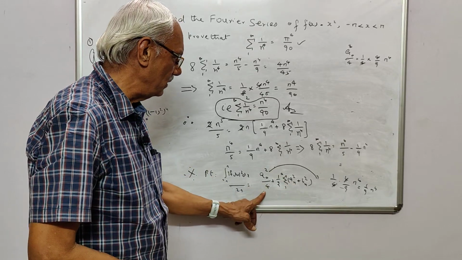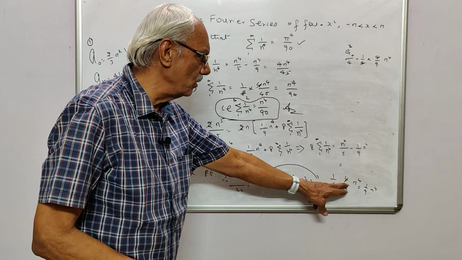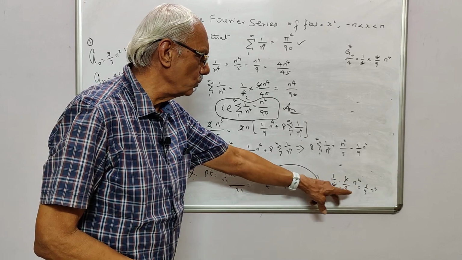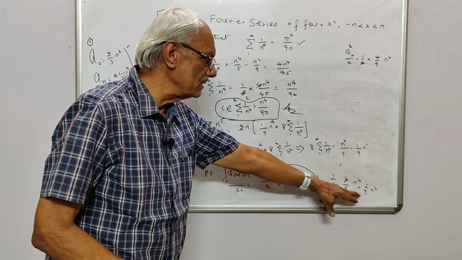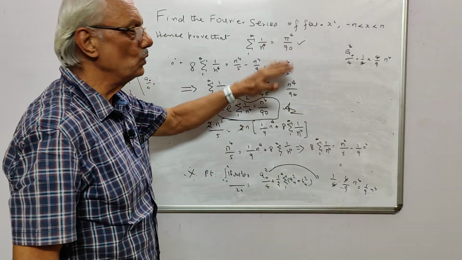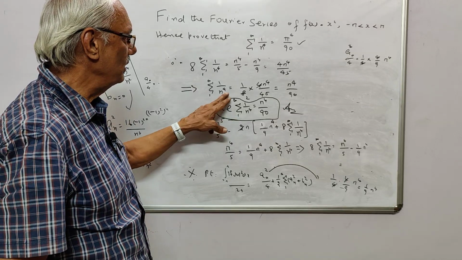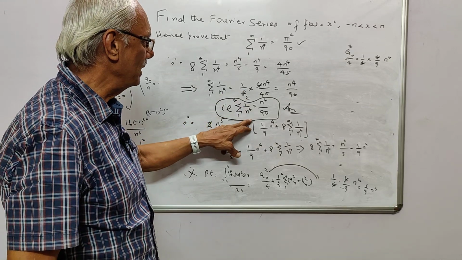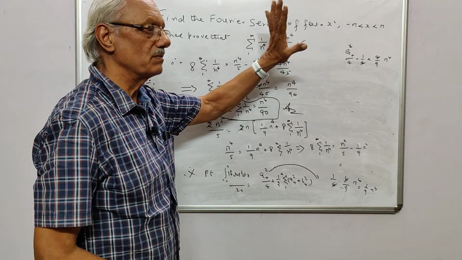Substitute the values of a naught. You will find that in this place a small mistake has come. Here it is 1 by 9, not 2 by 9. So you replace that by 1 by 9, then you do all simplifications. You will arrive at the answer that the sum from 1 to infinity of 1 by n⁴ is equal to π⁴ divided by 90. So this is my answer.